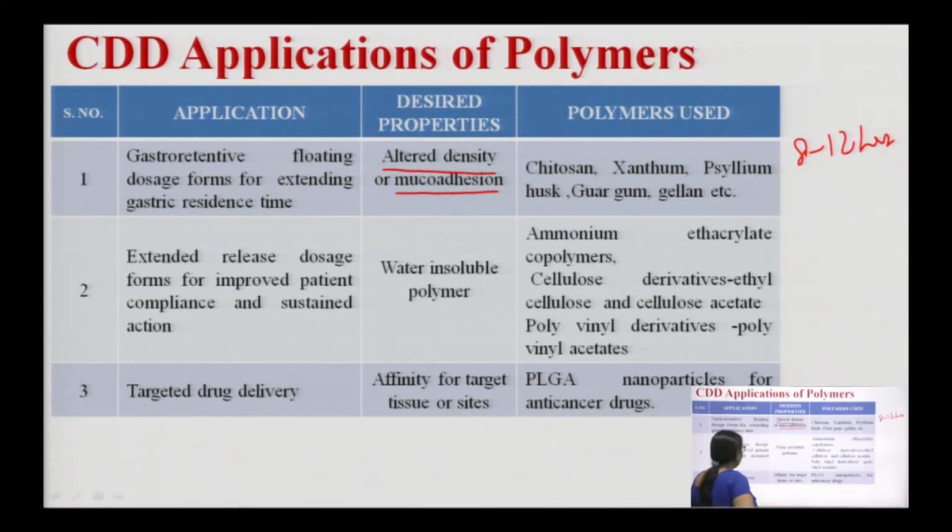Then next we have extended release formulations for improved patient compliance and sustained drug delivery. Here we can make use of polymers which are water insoluble. For targeting drug delivery, we can use polymers with affinity for the target tissue or target sites. The best example here is PLGA nanoparticles which have been used to transport anti-cancer drugs to cancerous cells.